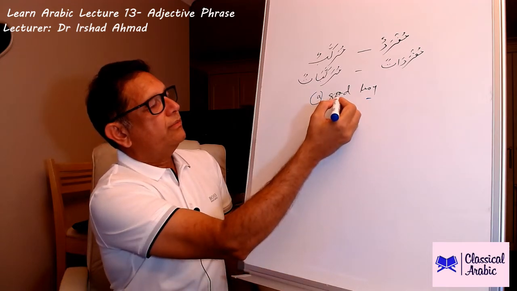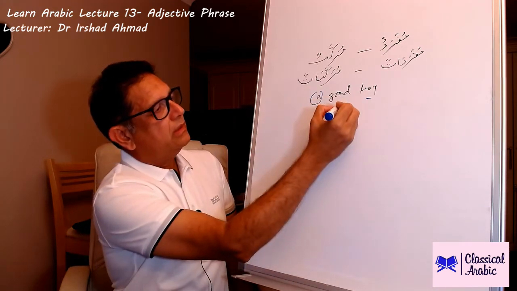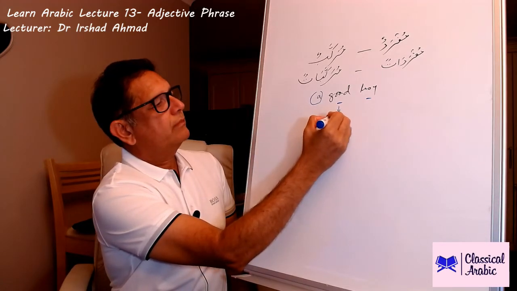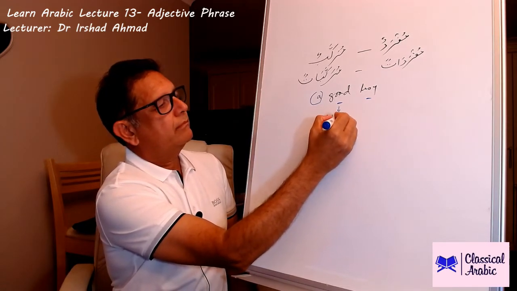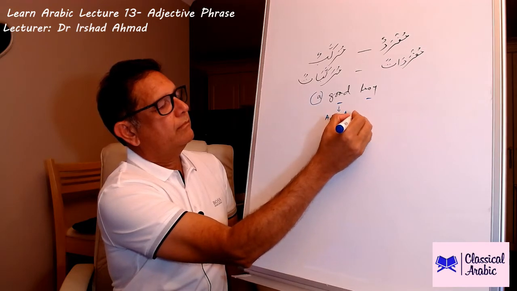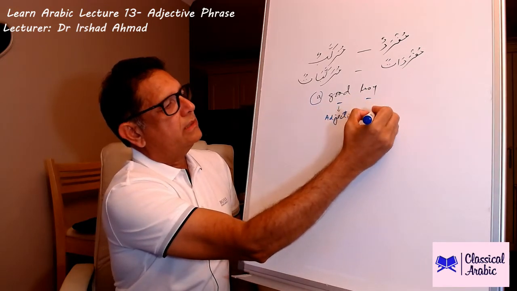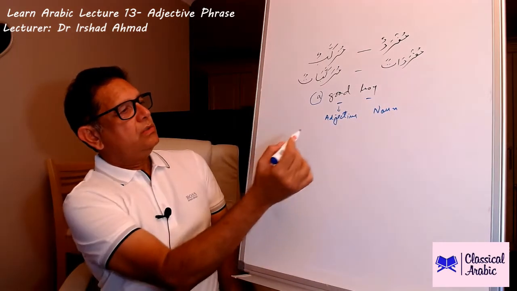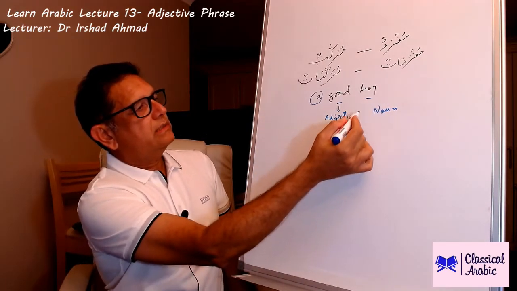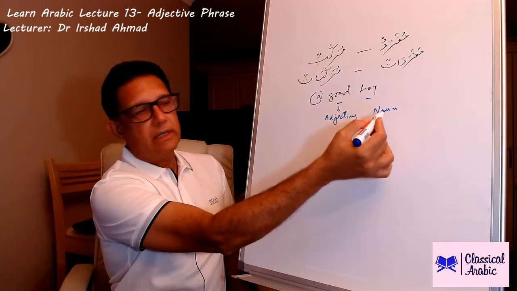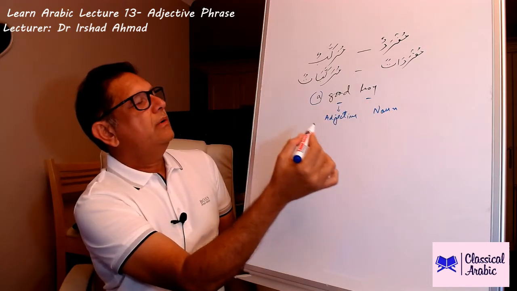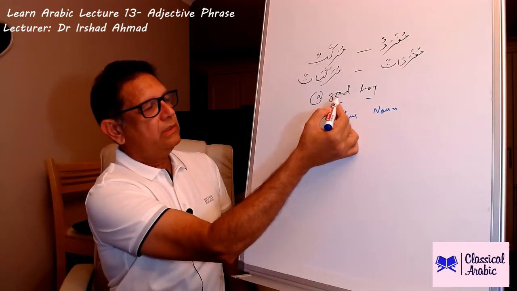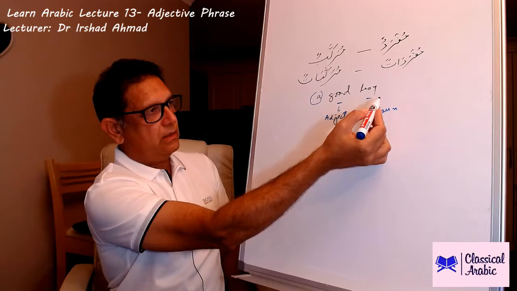So from the English point of view, good is an adjective and boy is a noun. The adjective is describing or defining this noun. From the Arabic point of view, these are both nouns. One noun is describing the other noun.